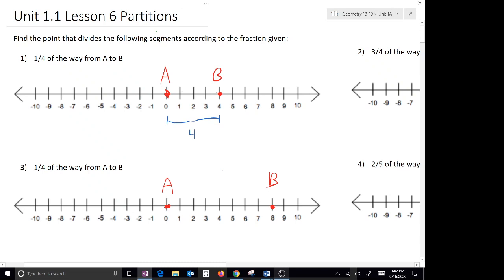So 1/4 of the way would be this, this would be 2/4 of the way, that would be 3/4 away, so the one we're looking for is right here at 1. And that's our coordinate. That's the point that's 1/4 of the way from A to B, so from left to right.